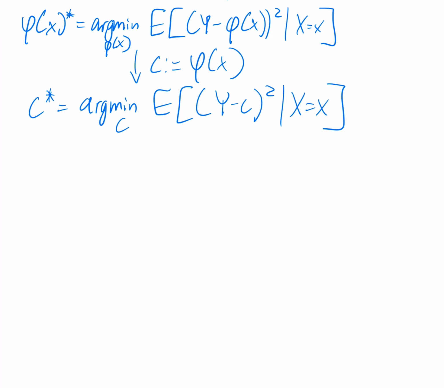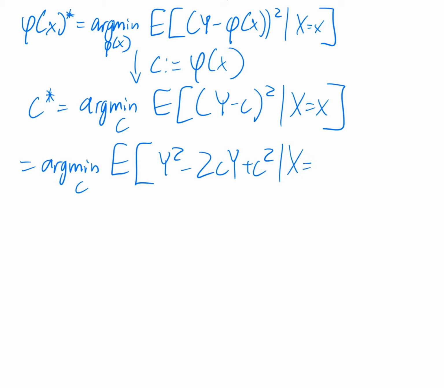So the first thing I'm going to do is FOIL out this expectation term here. So let's do that. All right, cool. So now that we have that, let's apply linearity of expectation.